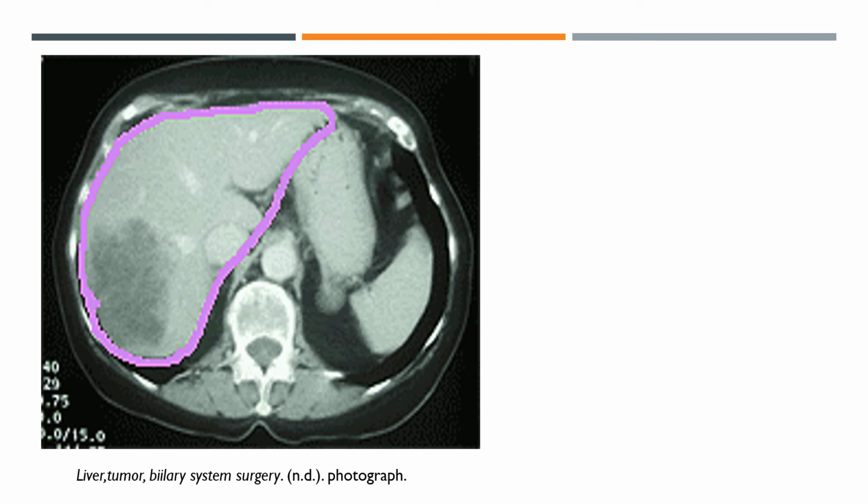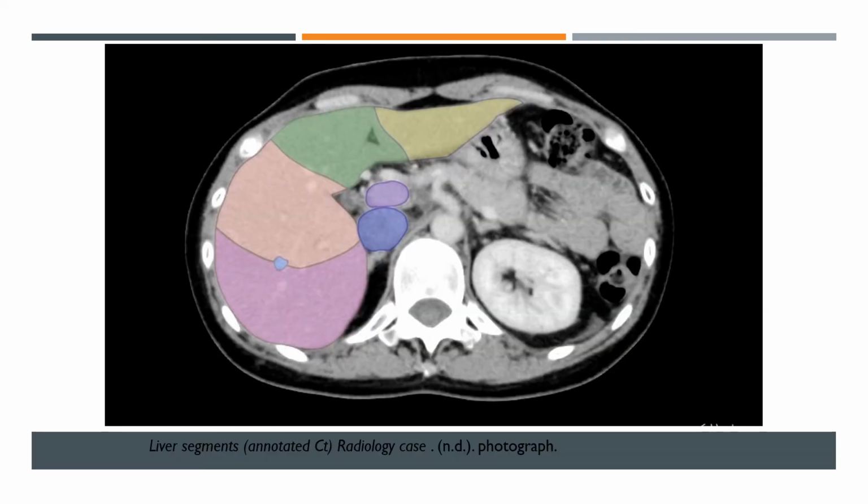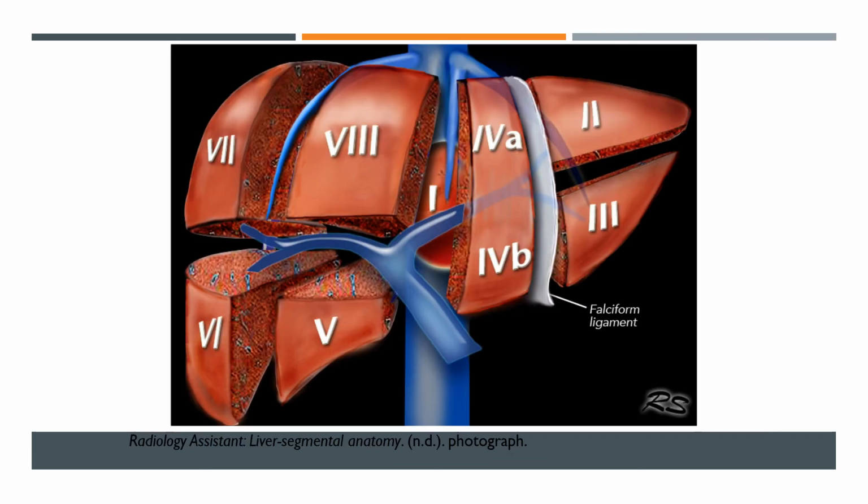Here's the liver. Here's the liver broken down into segments. The liver is further broken down into 8 segments. You have your right and left, your caudate, and your quadrate lobe, and then that's broken down even further.